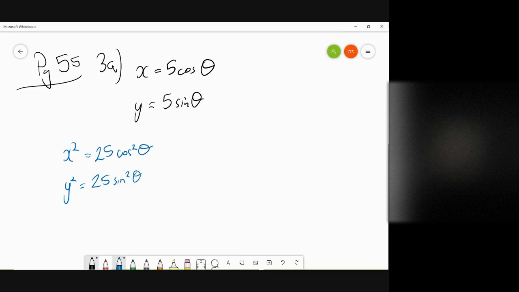Cool. So x squared plus y squared is equal to 25 cosine squared plus 25 sine squared. Yeah? Can I factor 25 out? Yeah. Okay. What's cos squared plus sine squared, Fletcher?